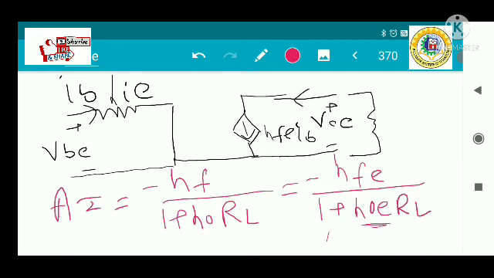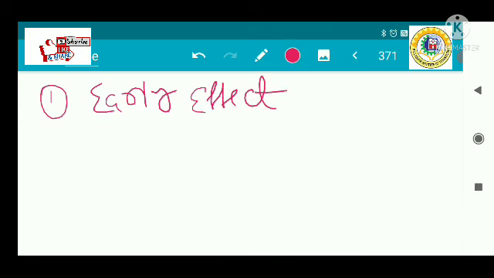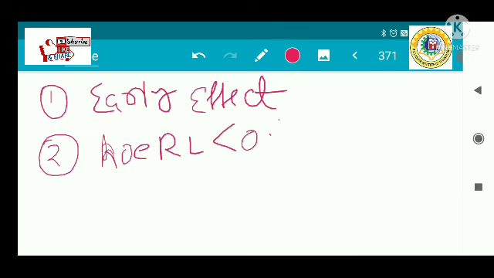So in the question, if it says you can ignore the early effect, then you can readily ignore this term. HOE can be ignored if you ignore the early effect, and HOE can also be ignored if HOE into RL is less than 0.1.